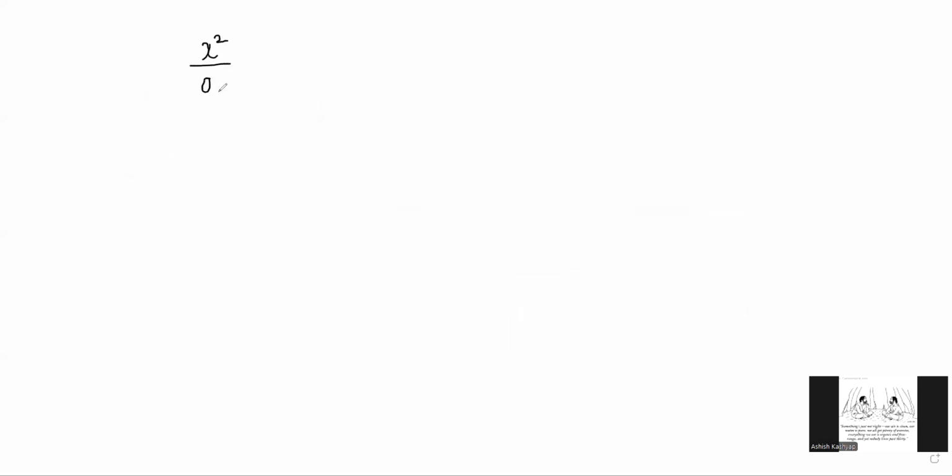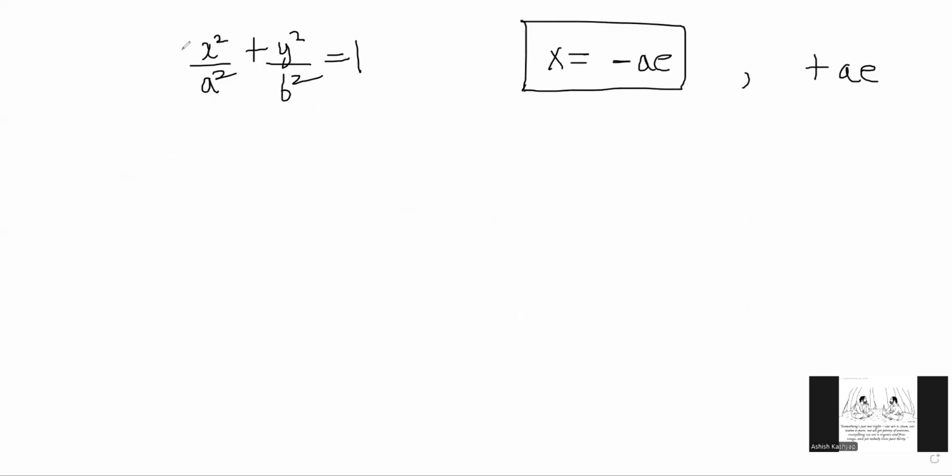So if x²/a² + y²/b² = 1, and my equation of the latus rectum is x = -ae or +ae, if you put this into this equation, you will find the end points of your latus rectum. It will come out to be a²e²/a² + y²/b² = 1.